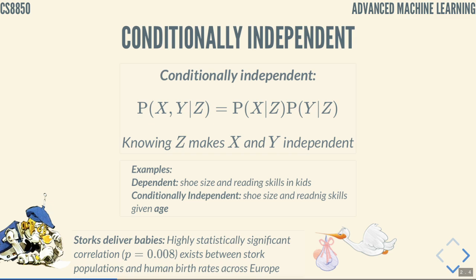Until you realize that you forgot to normalize by the country size. You look at every country, at the population of storks in each country and at how many babies are in each country. And of course, the larger the country, the more storks and more babies. So those are examples of conditional dependence.